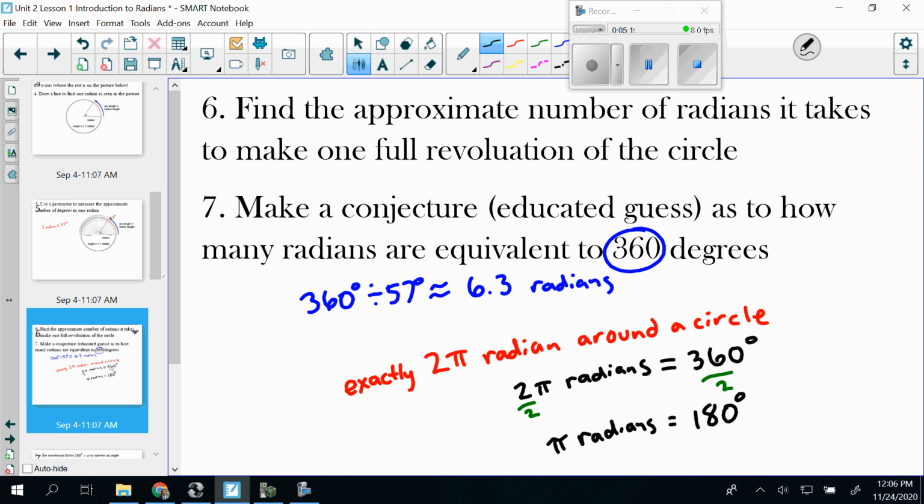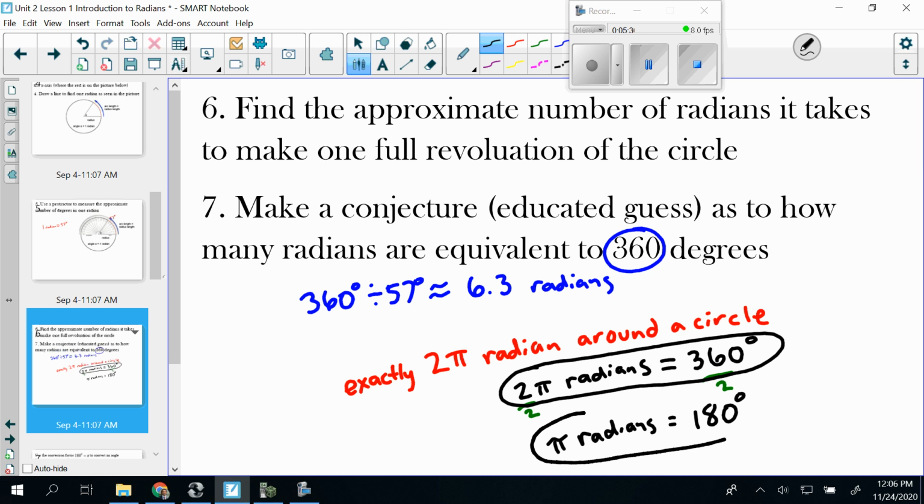So pi radians is equal to 180 degrees. Those are the most common ways of converting between radians and degrees: either that pi radians equals 180 or that 2 pi radians equals 360. Those are two equivalencies that you should know. When converting, most of the time we use the bottom one, but if you ever forget, that top one is a convenient one to use too.